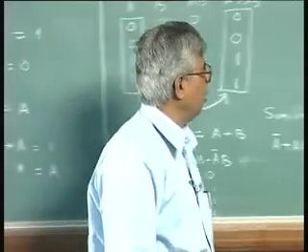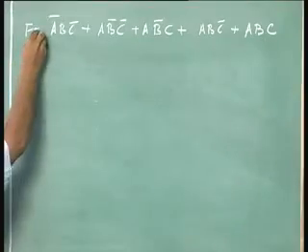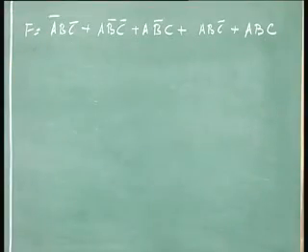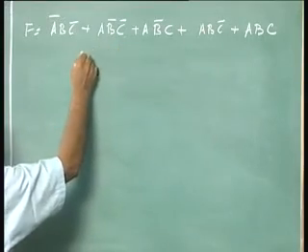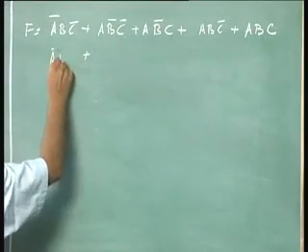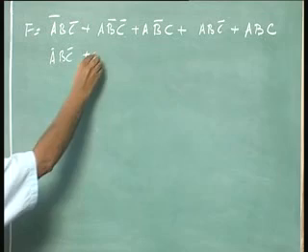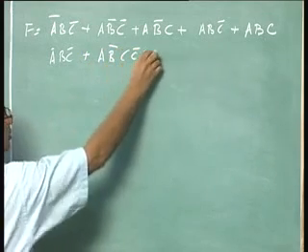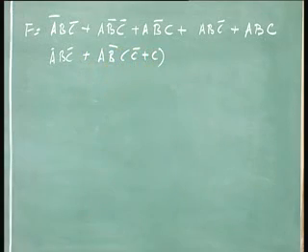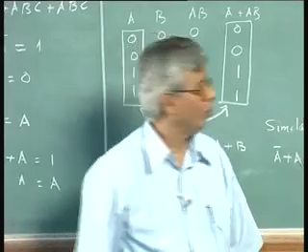Okay. Now, how do you do this? For example, can I use this formula A B bar, C bar and C, supposing I leave this term as it is for a minute. Right? C plus C bar is what? 1.